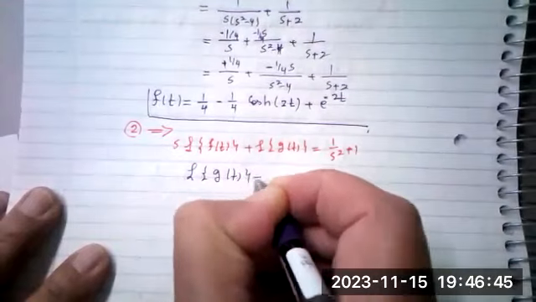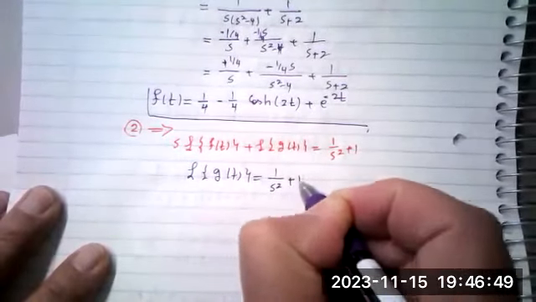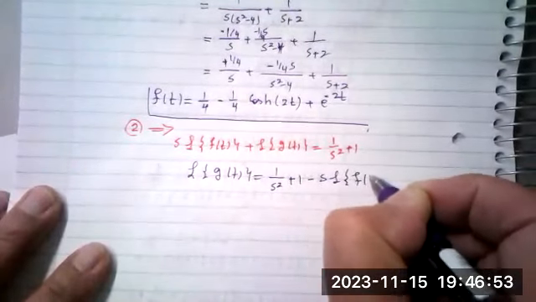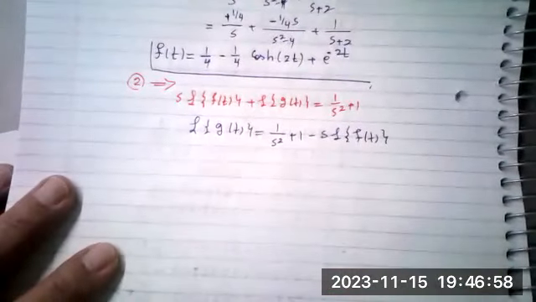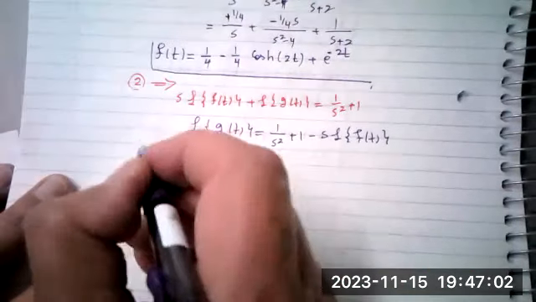The Laplace of g of t is going to be 1 over s squared plus 1 minus s times the Laplace of f of t. You already got the Laplace of f of t, substitute, and then try to simplify it. So what's going to be the result?